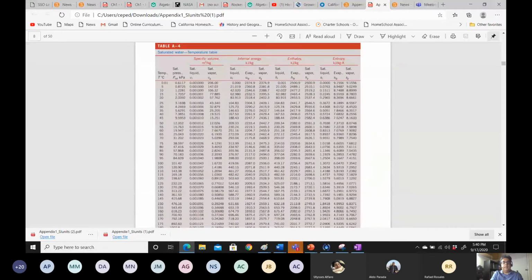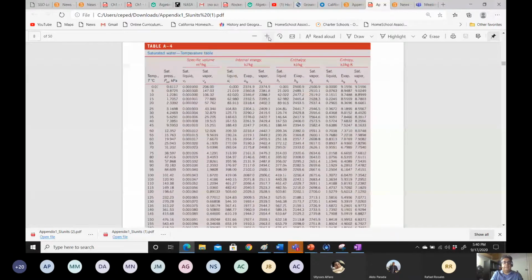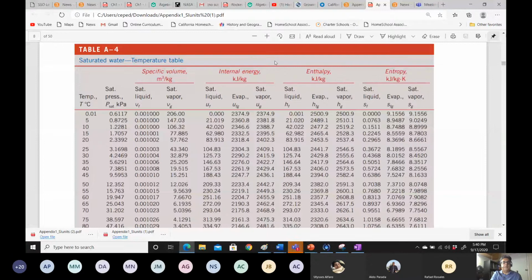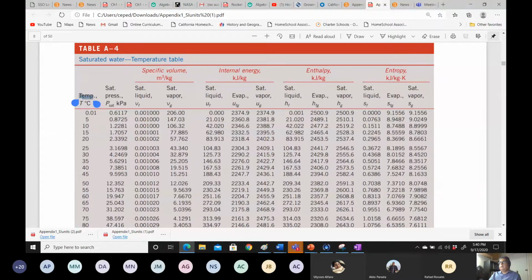When you look at this table, the saturation water tables, you can see that if you know temperature, you know pressure.